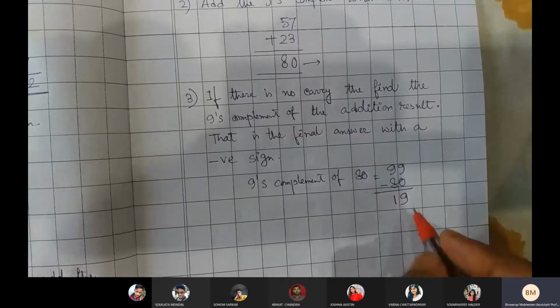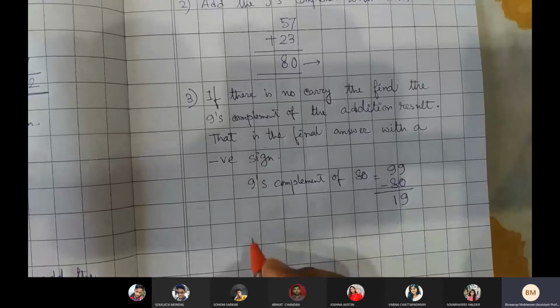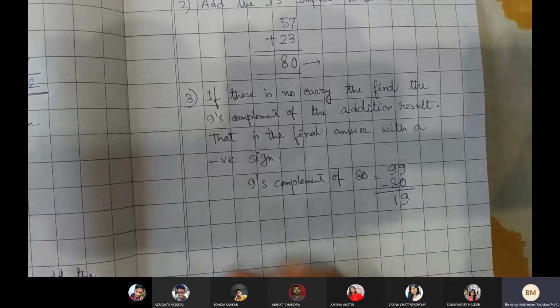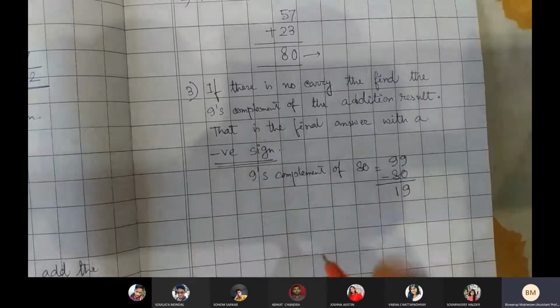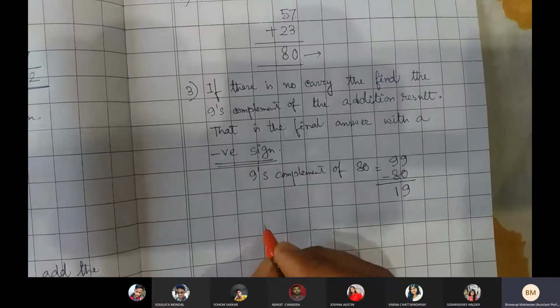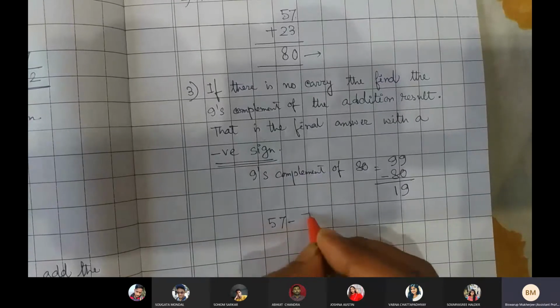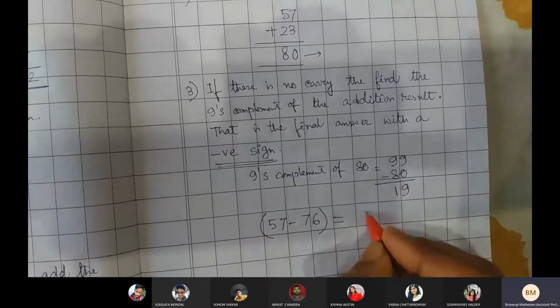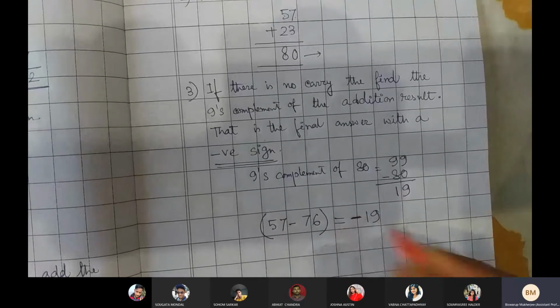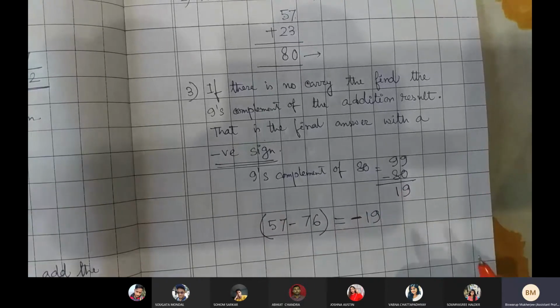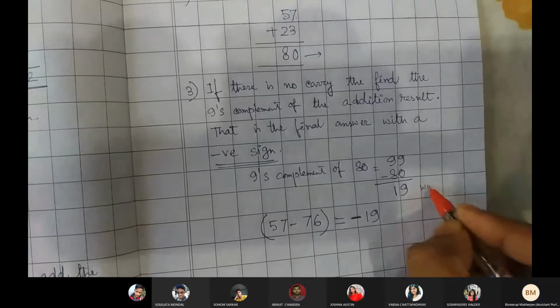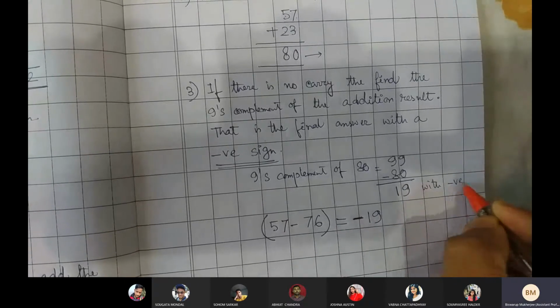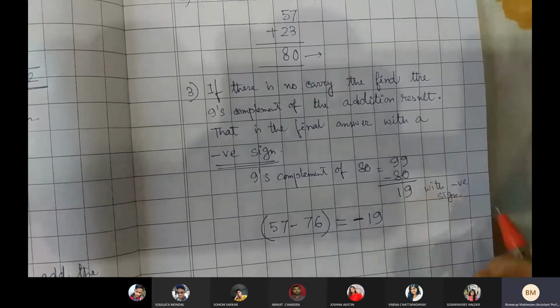So this is the answer, but with a negative sign. So the final answer is 57 minus 76 is equal to 19 with a negative sign. Make sure about this one.